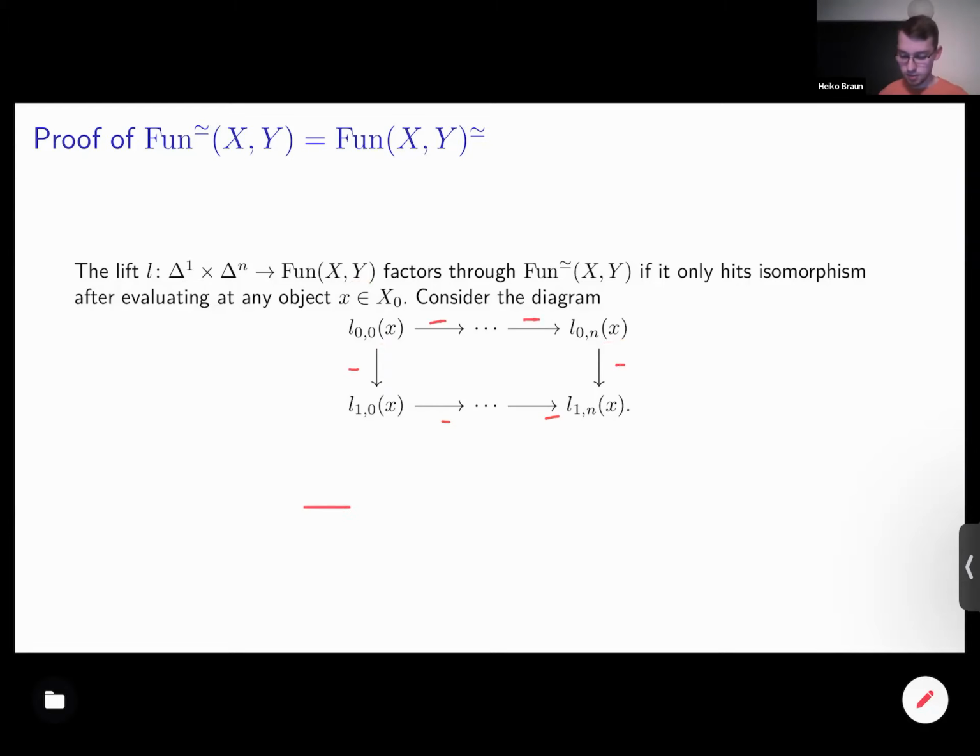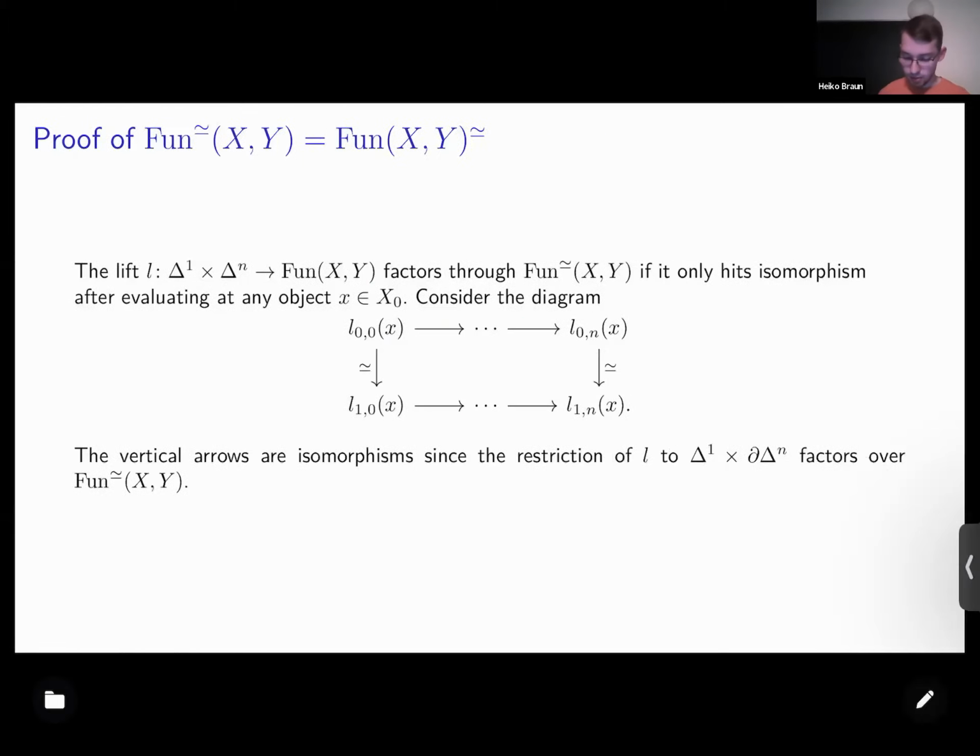So first, those ones are isomorphisms, because when we restrict the lift to delta 1 cross the boundary of delta n, which is in particular this, then this will factor over the object-wise invertibles.